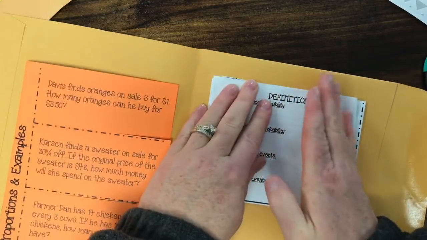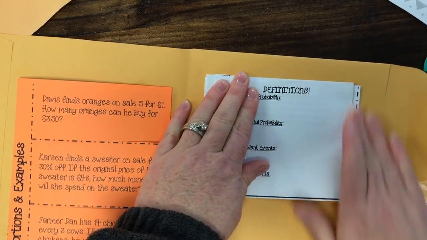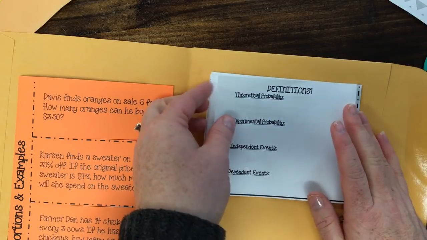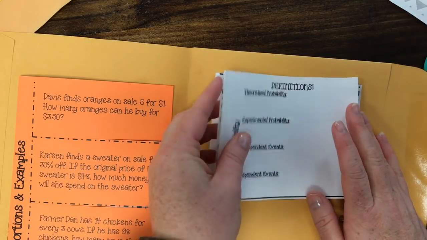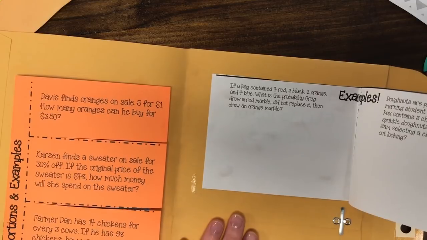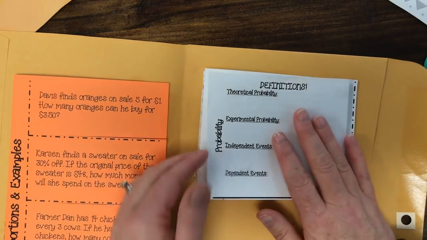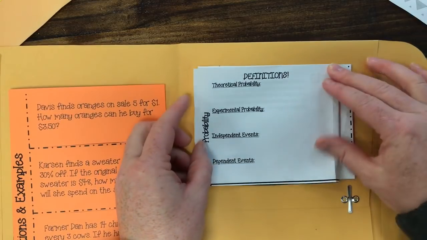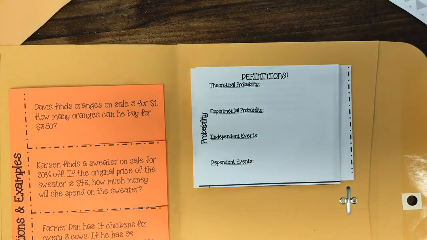And then your top page will be this definitions page. It looks like an accordion kind of, because you pull it and then it does this, and then back all the way through. Hope that's kind of understandable.